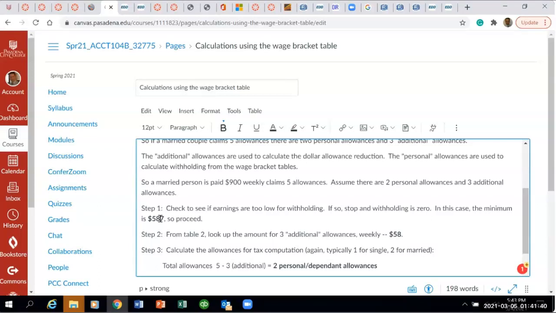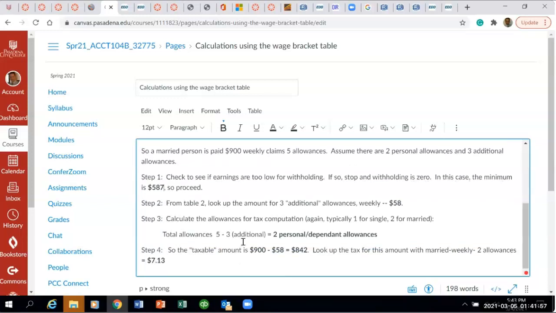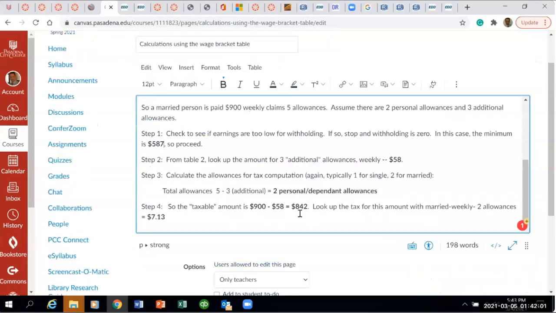This person needs to have some taxes withheld. So go to table 2, look up the amount for 3 additional allowances, and you see that $58 needs to be deducted. So calculate the allowances: 900 minus 58, so $842 is the taxable amount here.